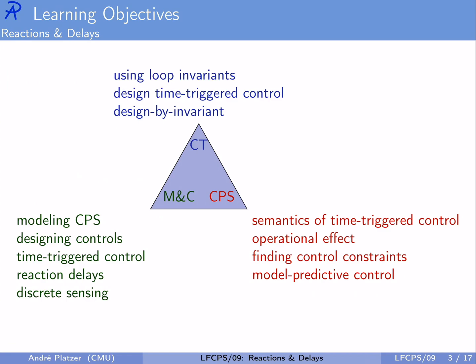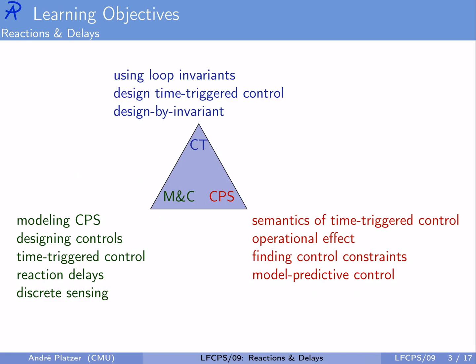In particular, what we'll be learning in modeling and controls is to identify the appropriate feedback control principles and identify the relevant dynamical aspects in some systems that come from events and the ones that come from reaction delays, to identify which is the most natural model for something. We'll in particular be focusing on discrete sensing, so sensing at non-deterministically chosen discrete points in time.